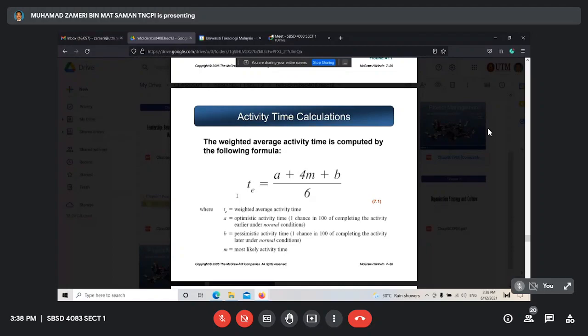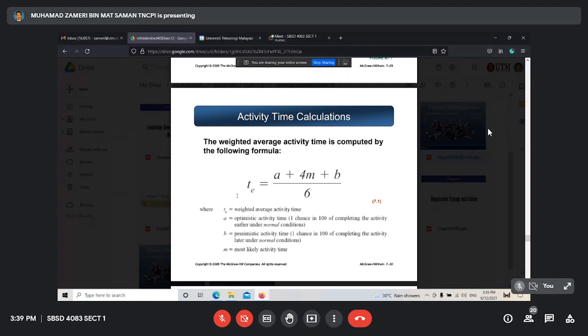But in PERT, we have three types of time: A, M, and B. M is the most likely time, and we have a minus A and plus B. That means, for this project, normally it takes about 10 days. But minimum we can finish in 9 days. Maximum we can finish in 11 days. That means 10 plus minus 1.